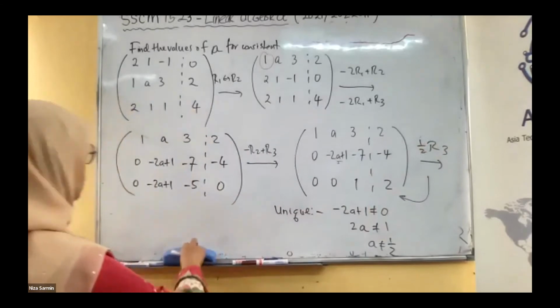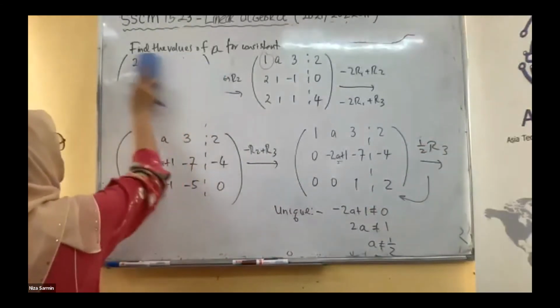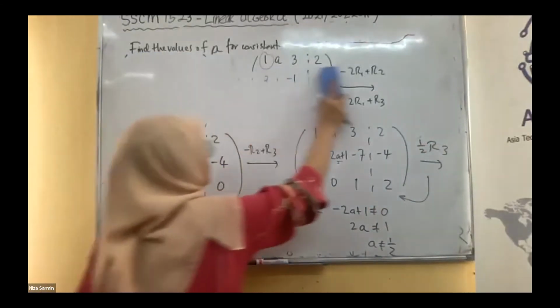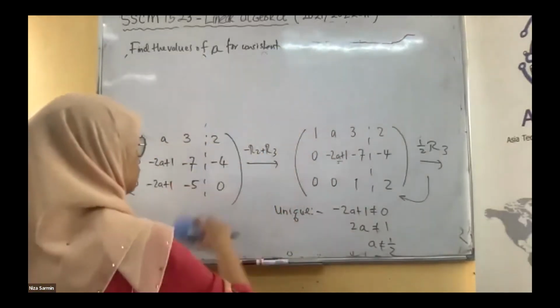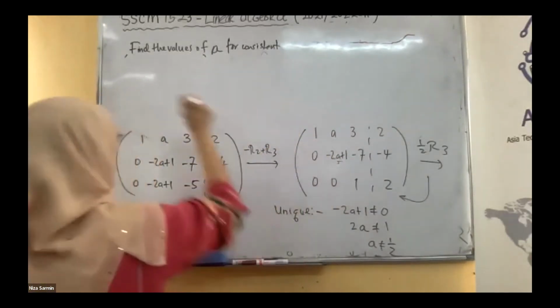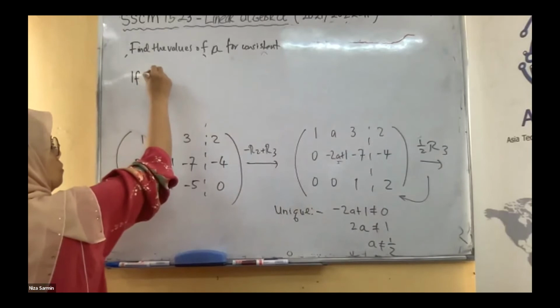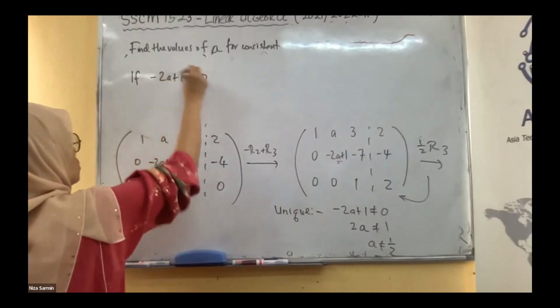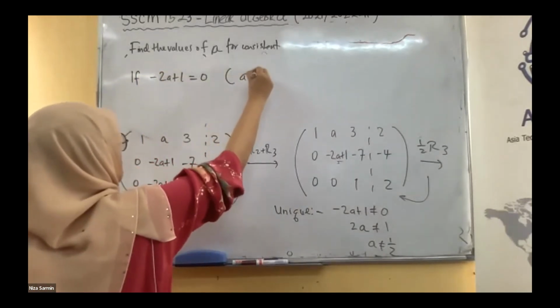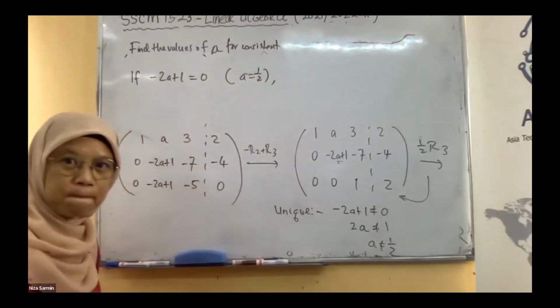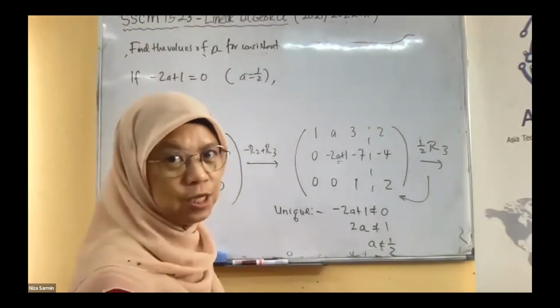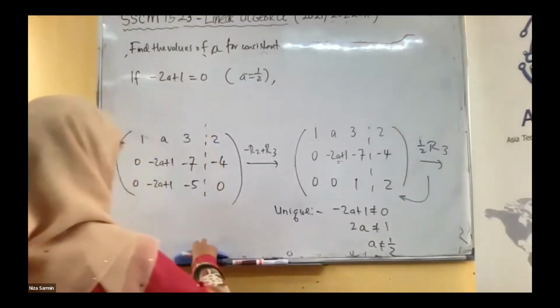Okay? So what we have to do is when A is a half. If -2A plus 1 equals 0, that is A is a half. Then we try to see what happened to the matrix.